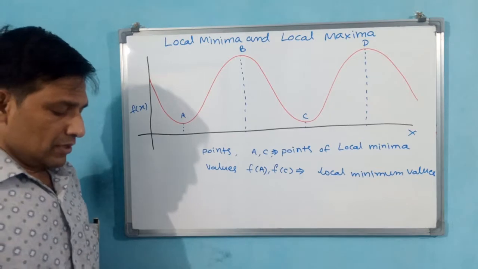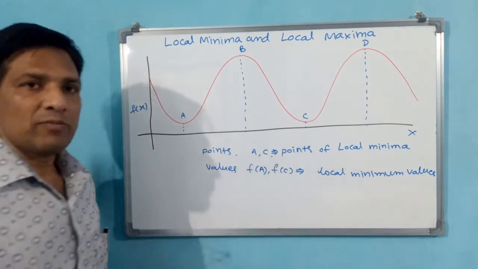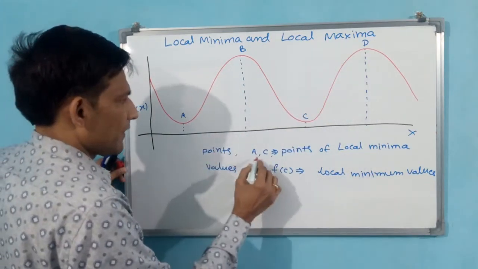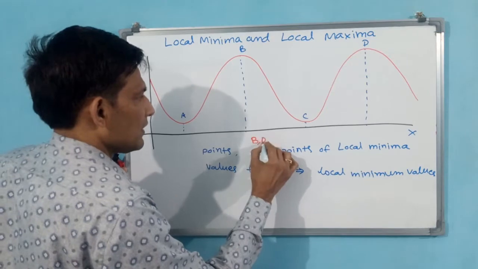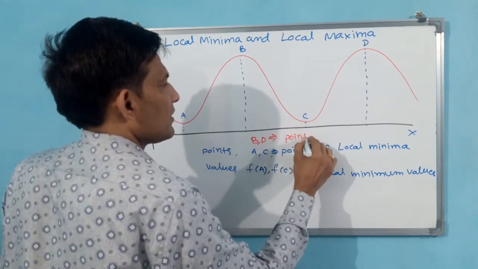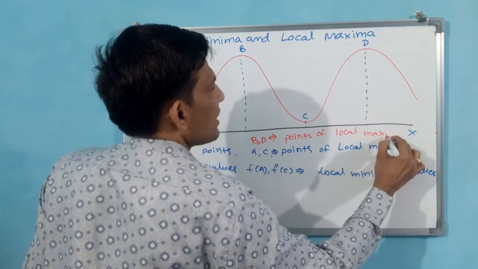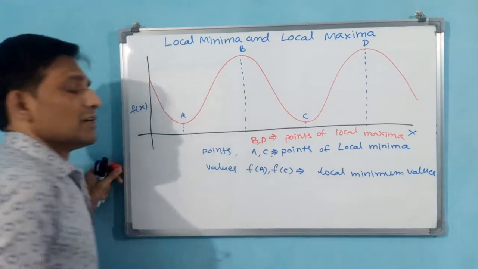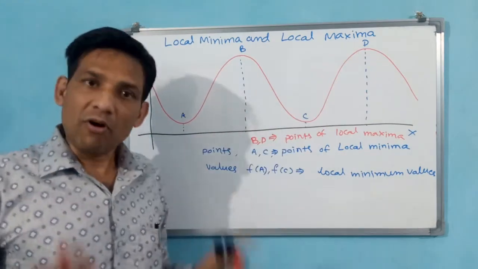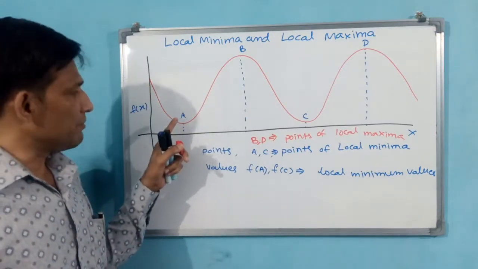If A and C are points of local minima, then what about the points B and D? B and D are points of local maxima. First of all, minimum value and maximum value we already know, and we have done questions also, so we are able to understand immediately.